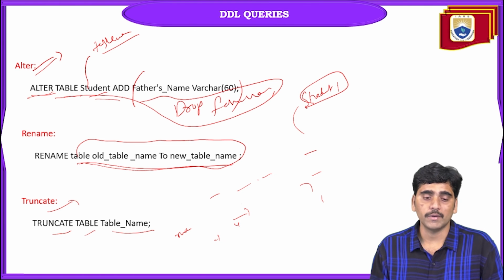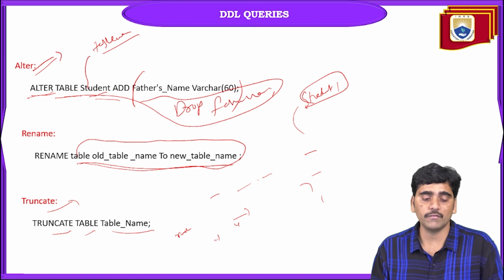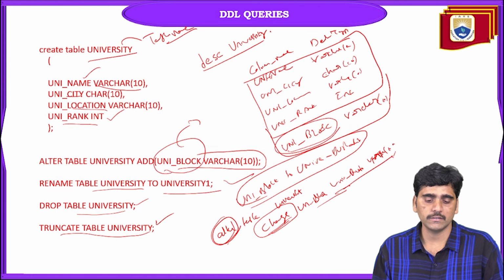For truncate and drop, you perform the TRUNCATE operation first, then DROP. If you perform DROP before truncating, you will not be able to perform TRUNCATE. So you perform TRUNCATE first, then DROP. This is how you can understand all these commands.